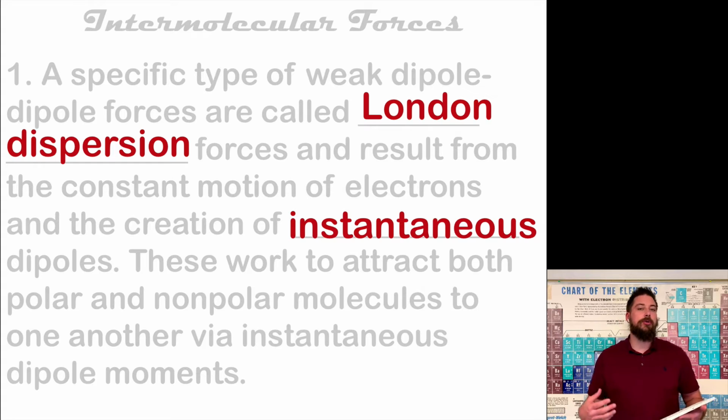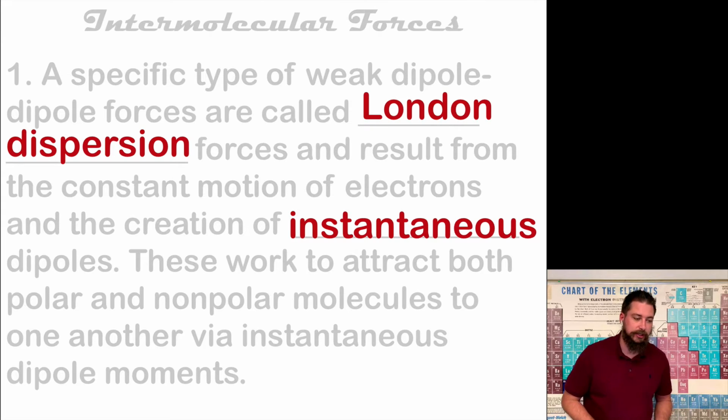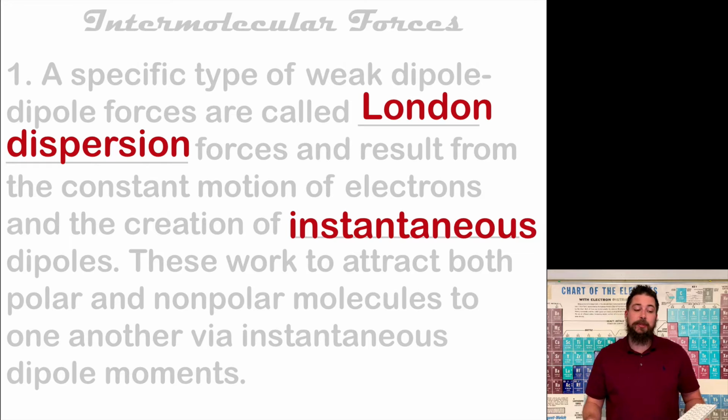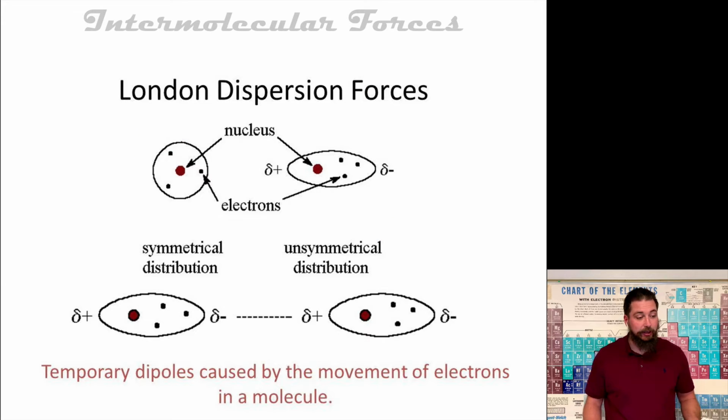Those are a result of electrons orbiting the nucleus instantaneously all going on the same side of an atom, to where you get a partial positive end and a partial negative end within the atom itself. And what ends up happening is, because you've got this instantaneous dipole, there's a force of attraction between 2 different atoms.